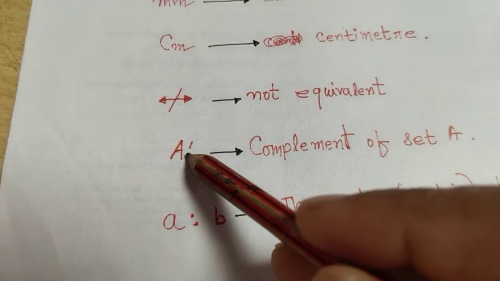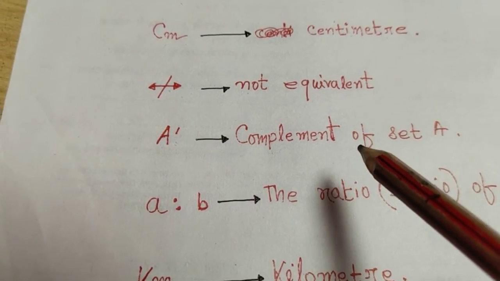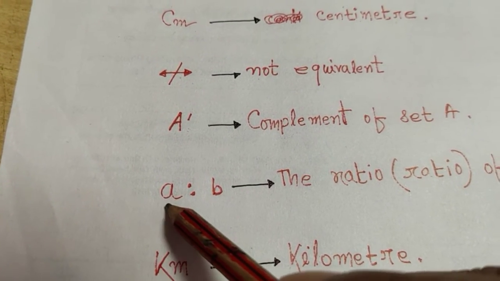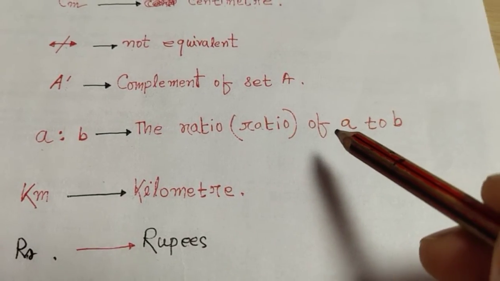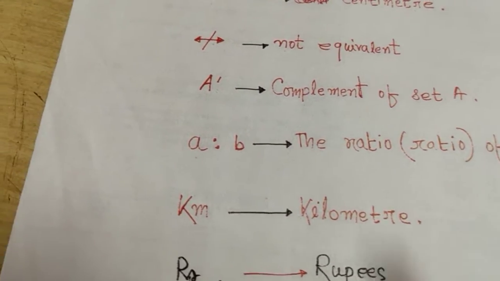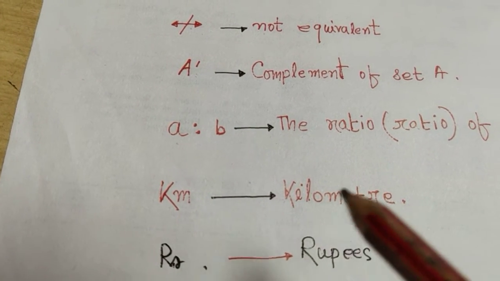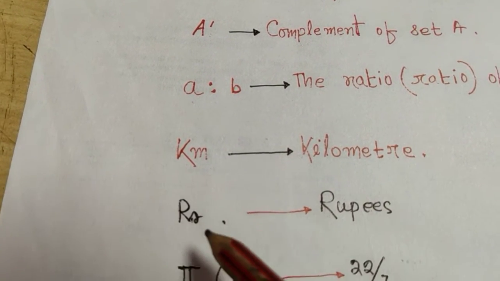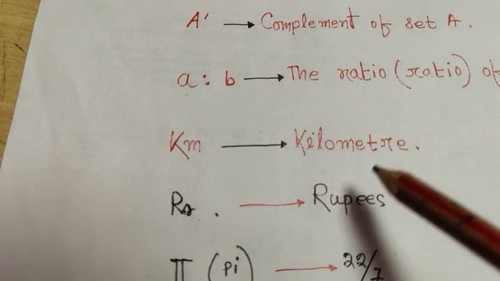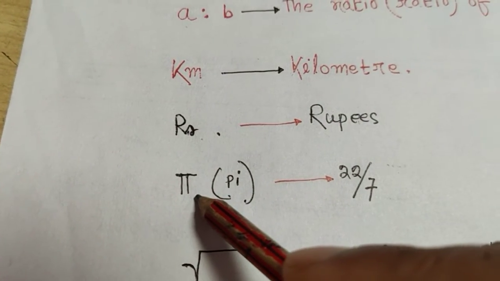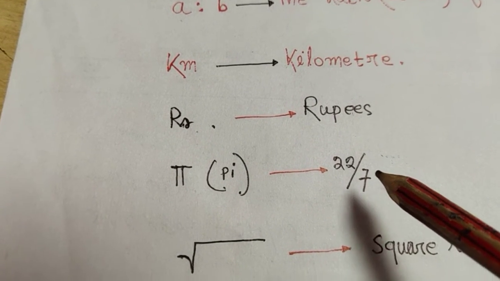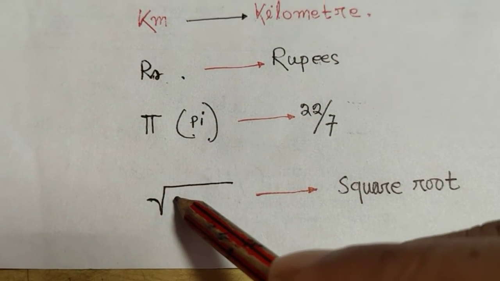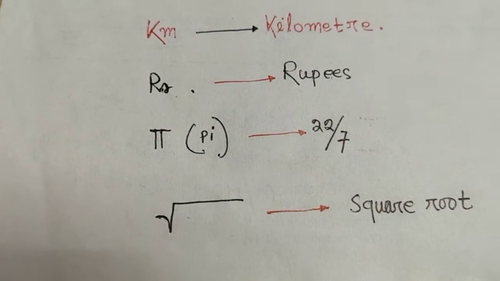This notation, complement of set A. This notation, A is to B, the ratio A to B. km, that is kilometer. Rs, that is rupees. This notation, pi, whose value is 22/7. This notation stands for square root.